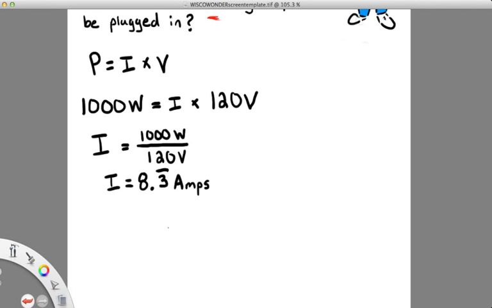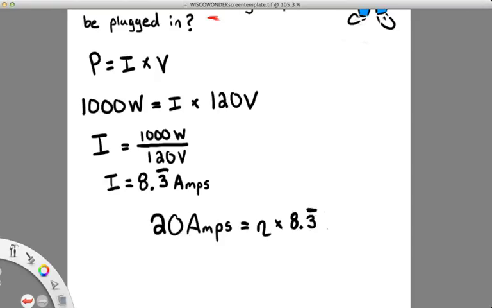So now we want to know how many of those lamps can we run before we hit 20 amps, which is the max amount that we can get before the circuit shuts off.